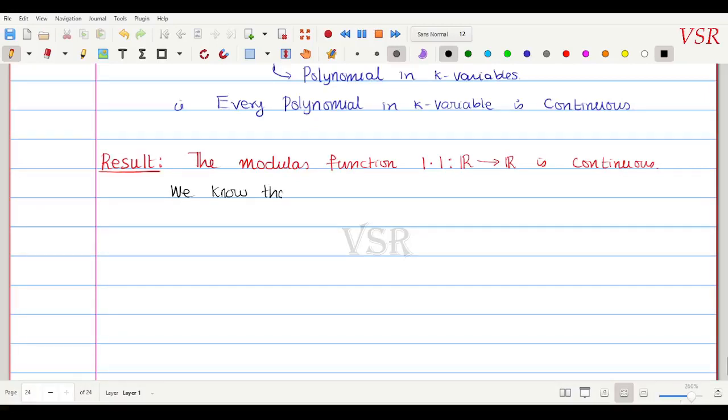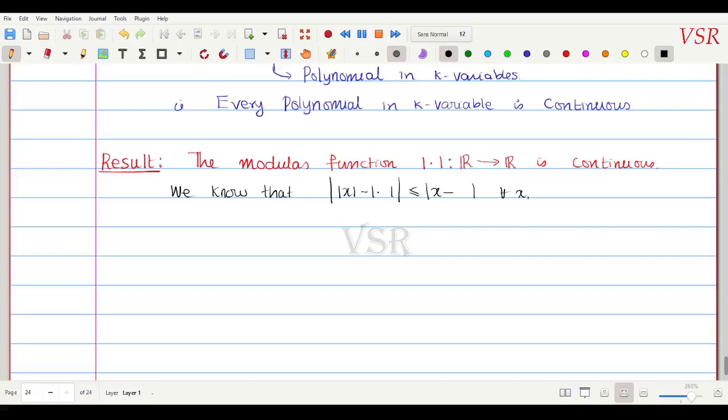this inequality holds. Okay, modulus of mod x minus mod x naught, this value is always less than or equal to modulus of x minus x naught for every x, comma, of course the x naught கூட கொடுக்க வேண்டிய அவசியம் இல்லை. I may write this as y.